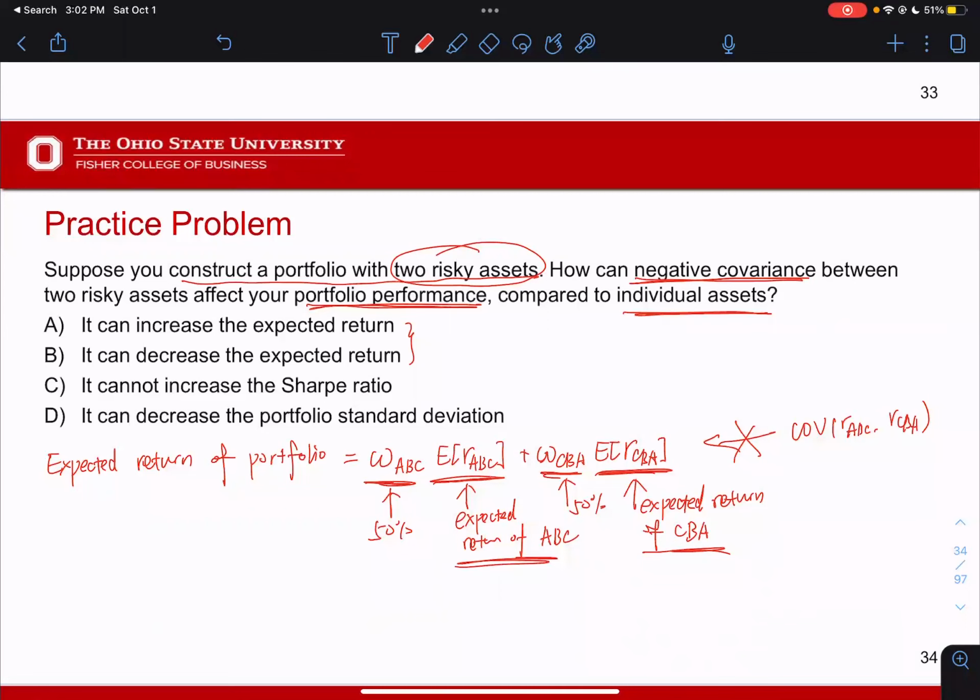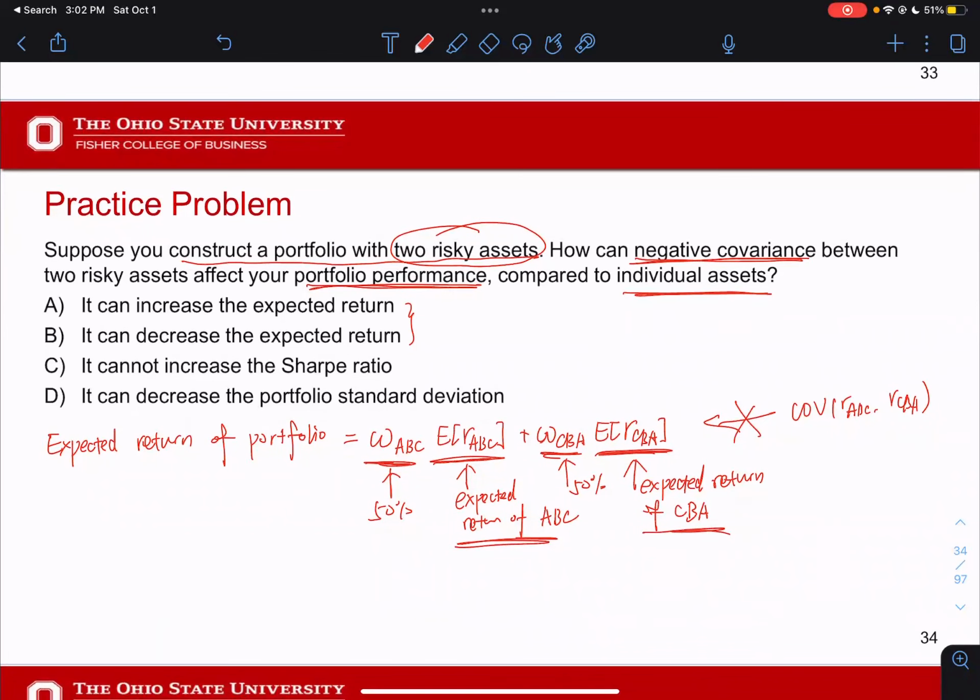Okay, so this is for A and B. Let's see C. For C, it asks about Sharpe ratio. Sharpe ratio equals the expected portfolio return minus the risk-free rate if there is one, divided by the standard deviation of the portfolio.